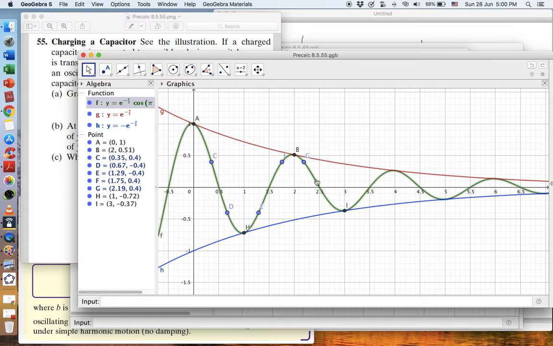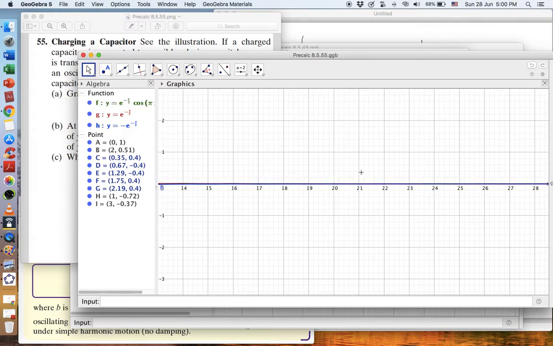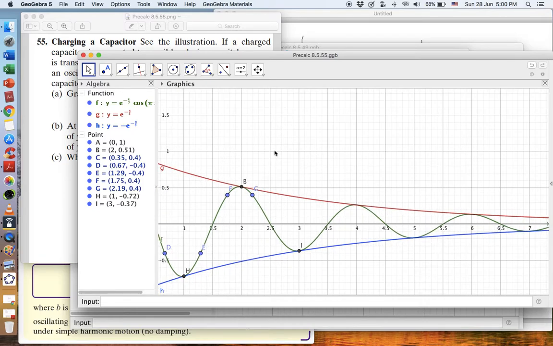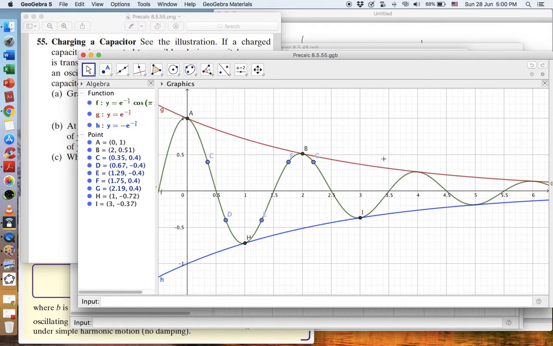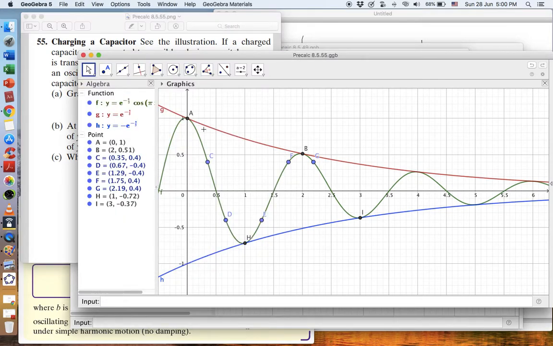So we've basically got exponential decay, limited exponential decay, or exponential growth, which over time comes to a limit, in this case 0, which is the natural resting place, or 0 volts for our capacitor problem here. And so at the peaks and troughs, our oscillating function touches those upper and lower limits.